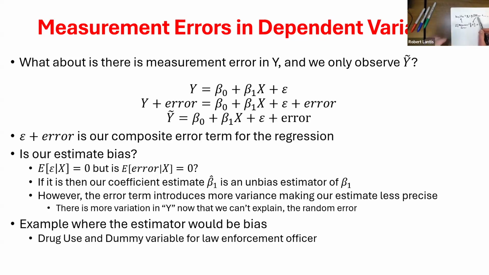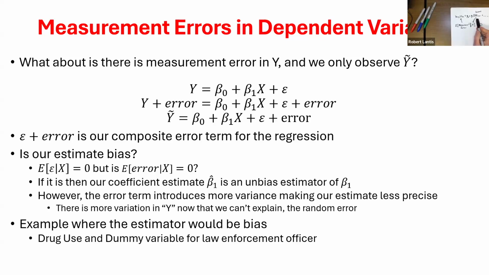This is a simple example where I've got a dummy variable. When I'm looking at non-police officers, they're not really concerned with whether this data exists out there because it's probably not going to cost them their job. You ask any Fortune 500 company, they probably expect that many of their employees are using drugs, whether that's amphetamines or whatever it is.